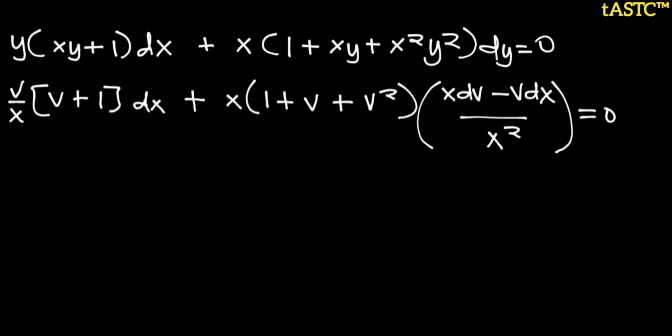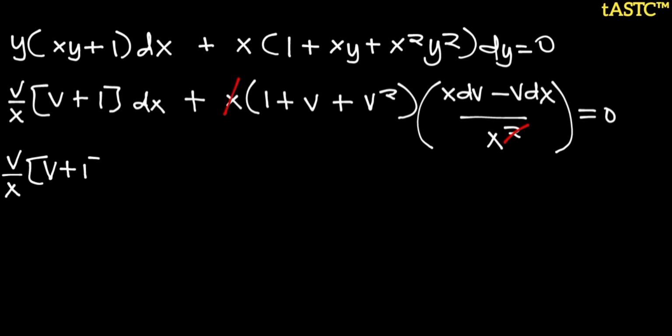So the first thing I'm going to do, I know that this is going to cancel some stuff out here. Because this is x multiplied by this stuff, and that is multiplied by this bracket. So x can cancel these out. And so we're going to have a v divided by x.